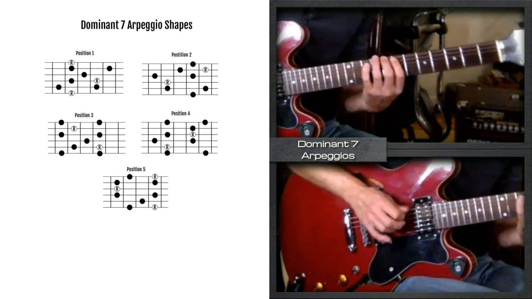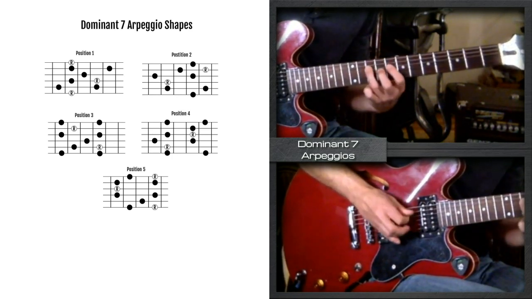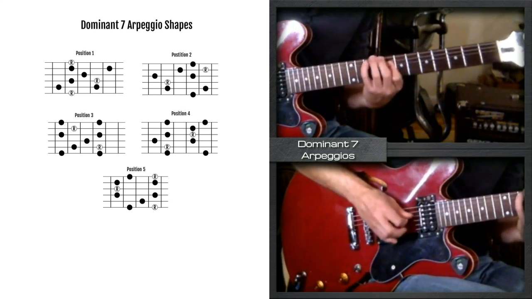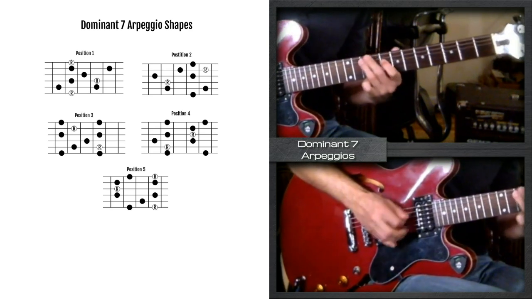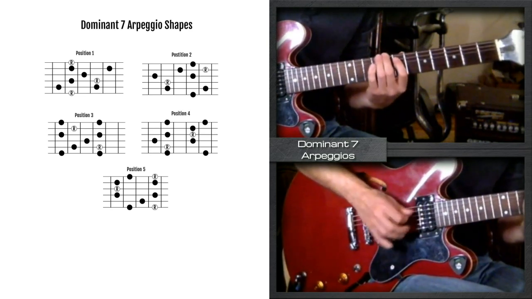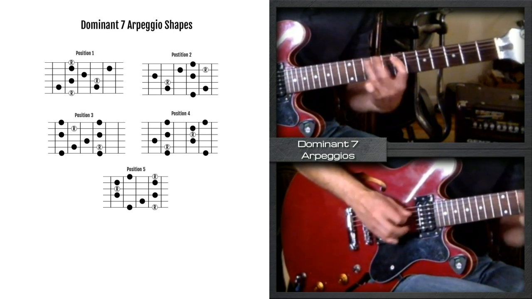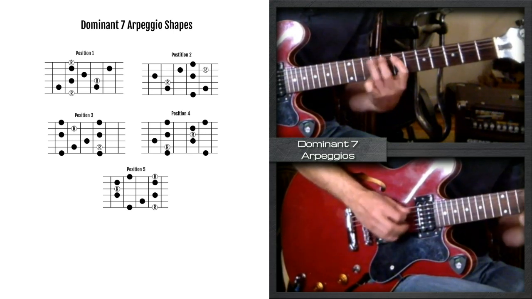I'm not going to do that with every arpeggio because we've got a lot to get through. But take a second and make sure you can play that. I don't know that I'm going to say this is definitely the most common dominant 7th arpeggio shape. It's a nice one though.